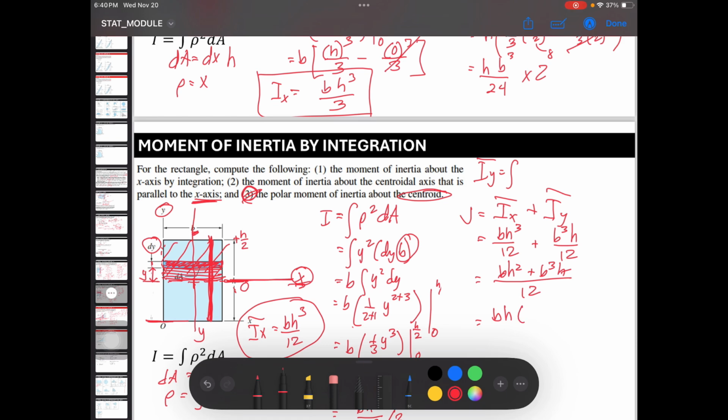BH. And then, H cubed. Oh, it's 3. Cubed. Plus B cube. No. We already took out one of each. So, they are just squared now. We took out one each, right? H squared plus B squared over 12. This is our J.